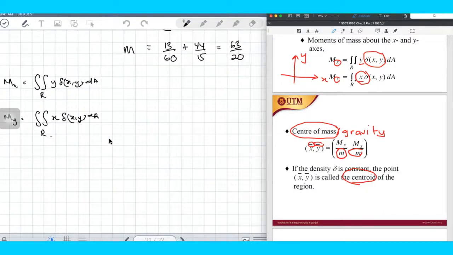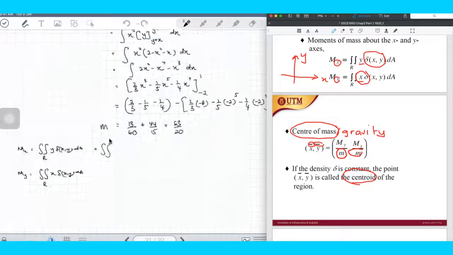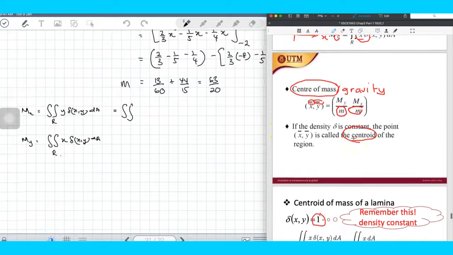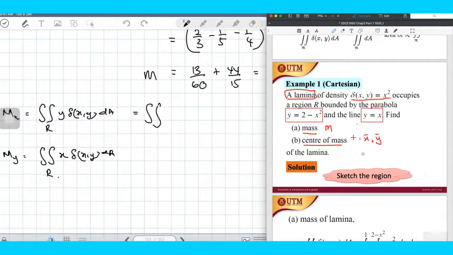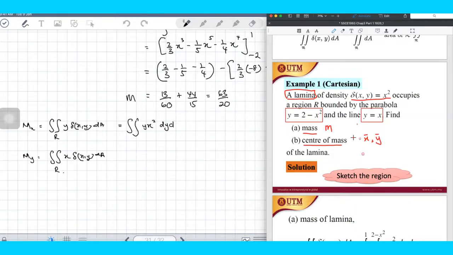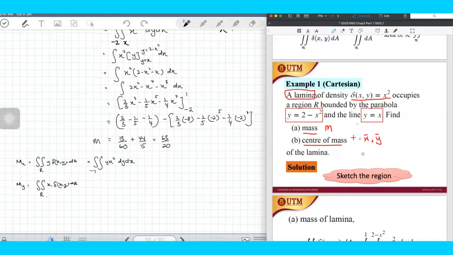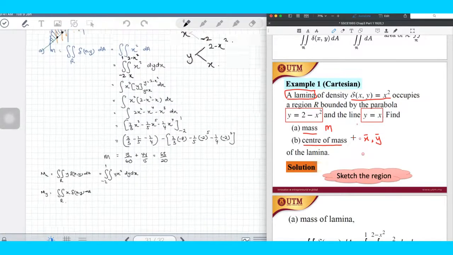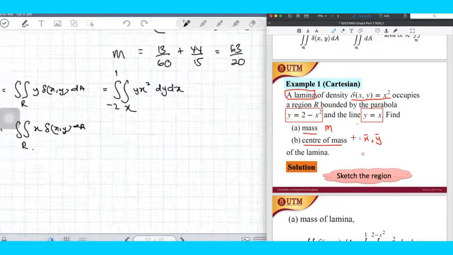For the first one, the density given is x squared, so we have y times x squared, and using the same order, dy dx, and the limits are the same: x from minus 2 to 1, and y from x to 2 minus x squared.